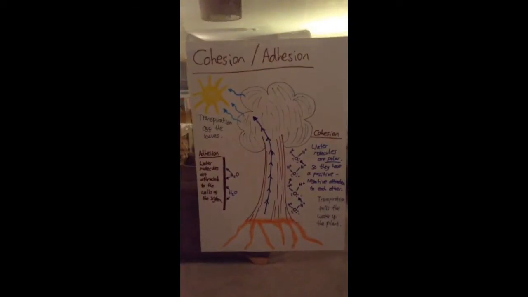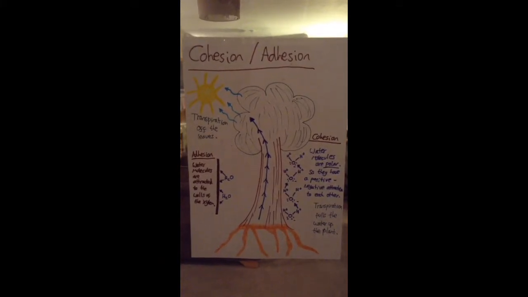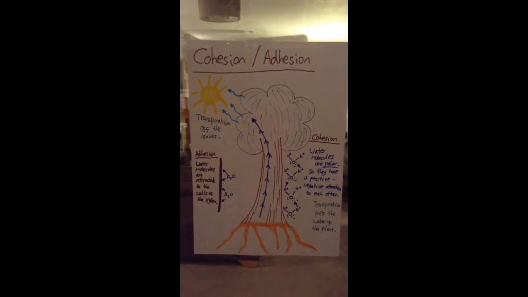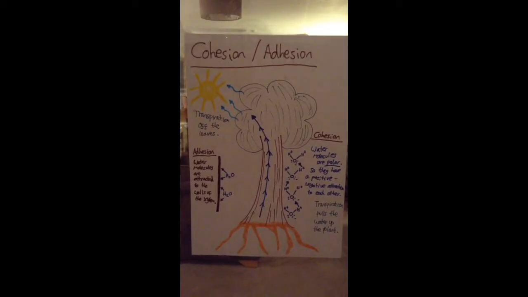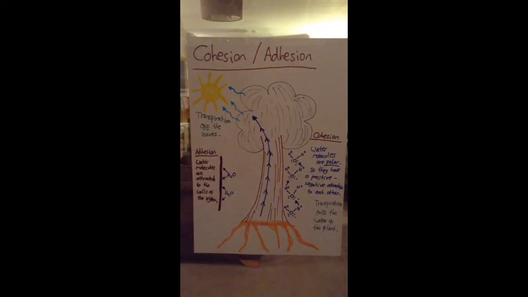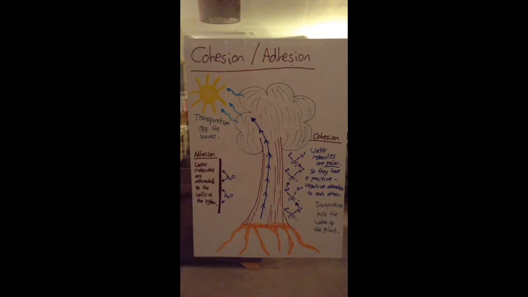Lastly, this is how the water molecules actually physically move up the plant. So you know the way they move, but you need to know how they move. And this involves a bit of chemistry. If you do chemistry, you'll probably know this more in depth.